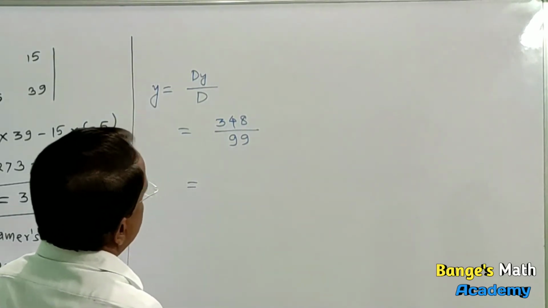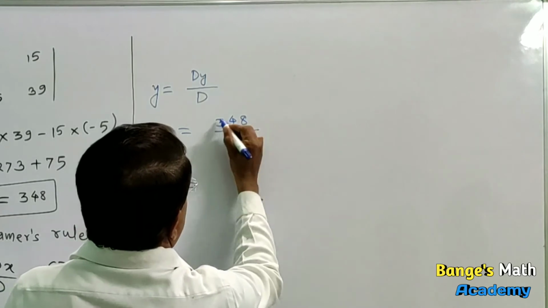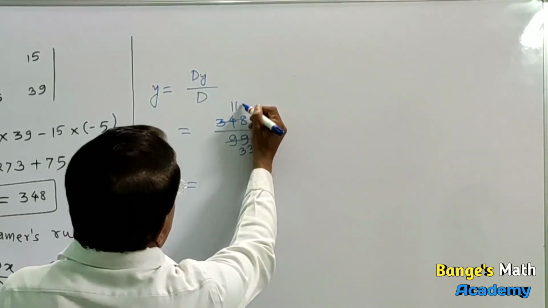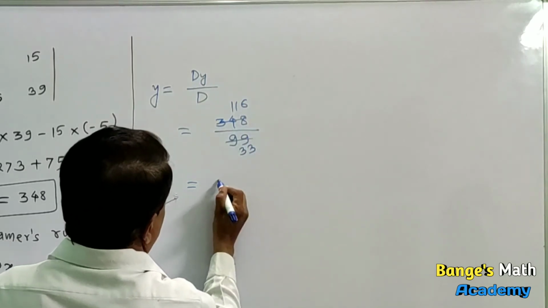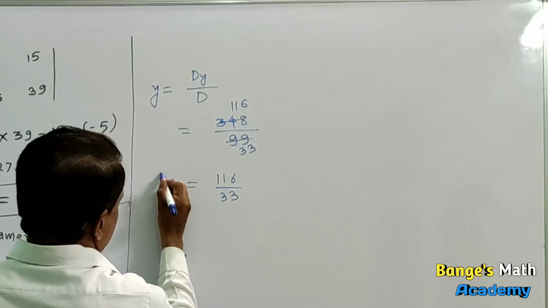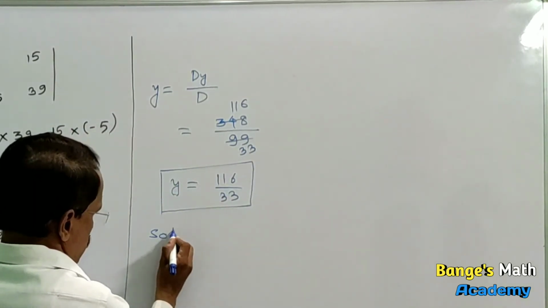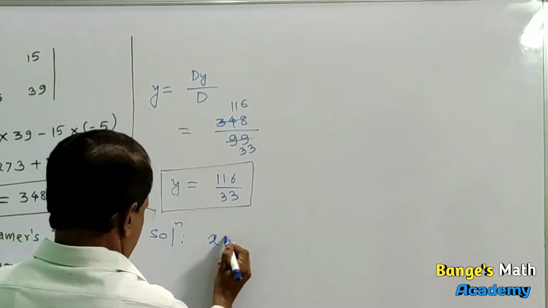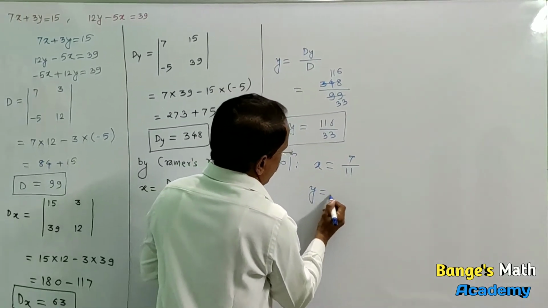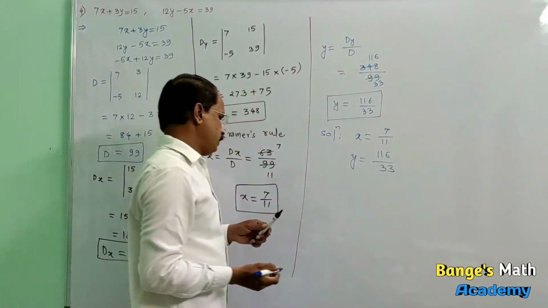Simplify this. 3 3s are 9, 3 3s are 9, 3 1 is 3, 3 1 is 3, remains 1, 1 8 is 18, 3 6s are 18, 116 upon 33. So y is equal to 116 upon 33. Write down solution: x is equal to 7 upon 11 and y is equal to 116 upon 33.